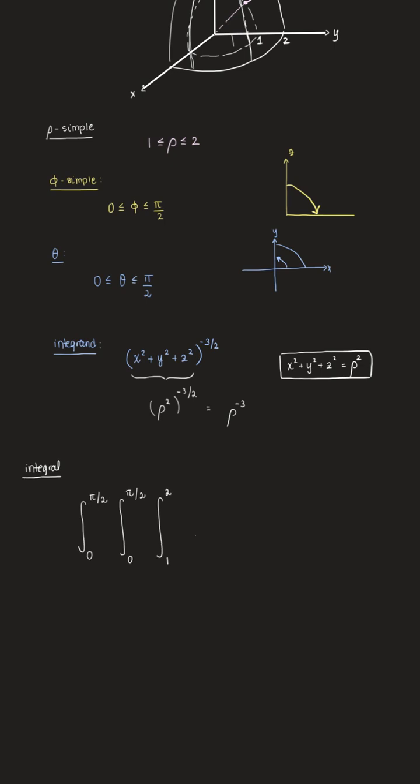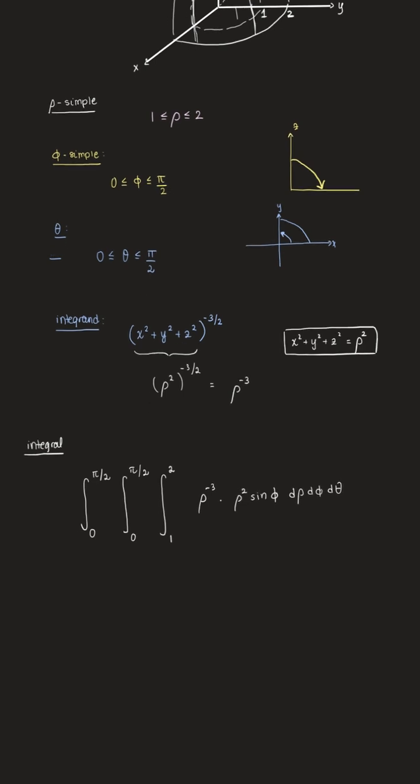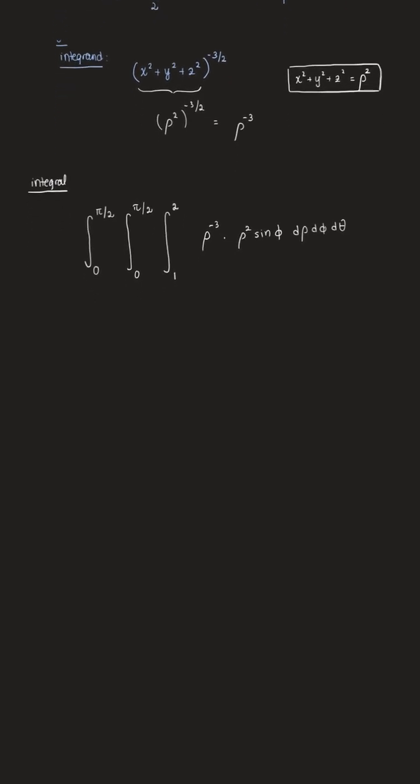Our integrand function is rho to the negative 3, and our volume differential is rho squared sine phi times d rho, d phi, and d theta. There's our setup for the integral, and now we're ready to start integrating.